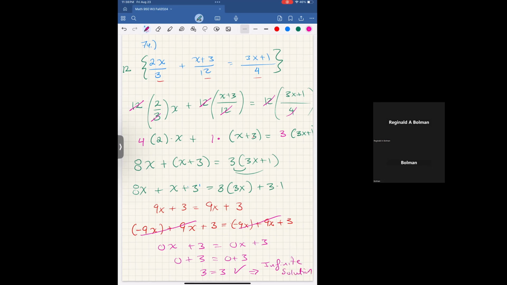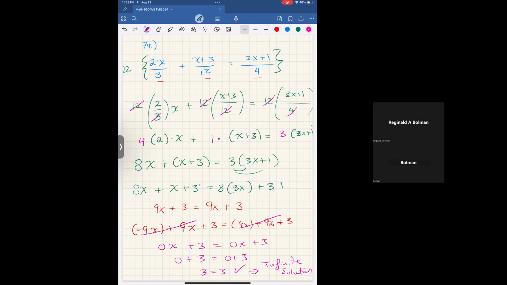And what that means in practice is that you could have plugged any value, any real number in for x for this entire equation, and you would get a true answer, meaning that whatever is written on the right-hand side and whatever is written on the left-hand side are actually equal to each other, just in a different form. And so it didn't matter what value of x you picked, you would have an equation that remains in balance.